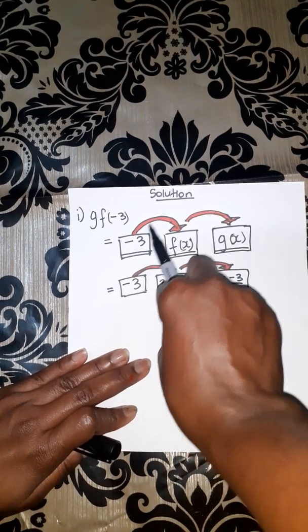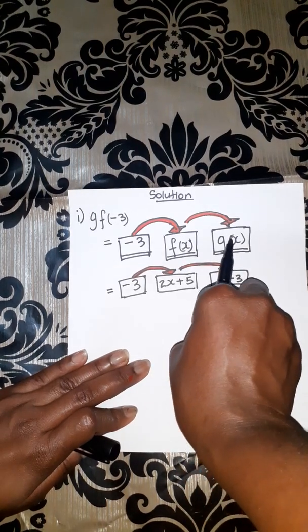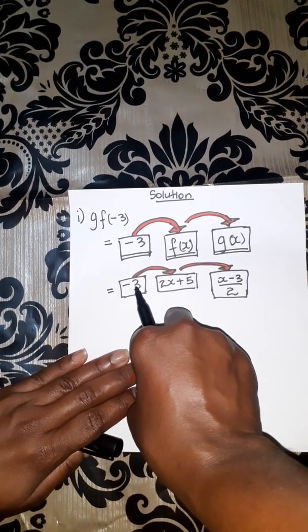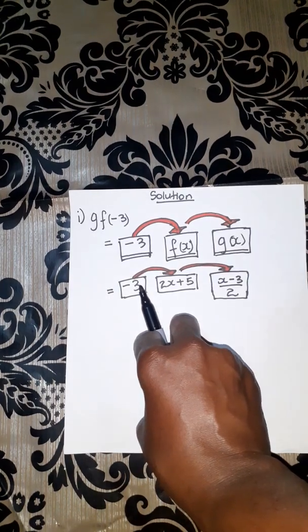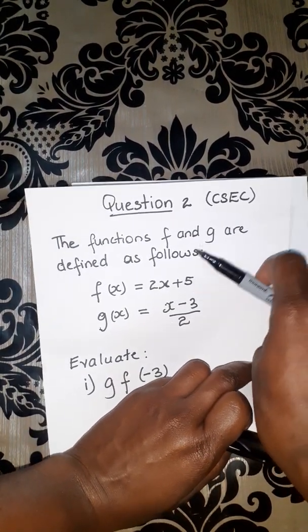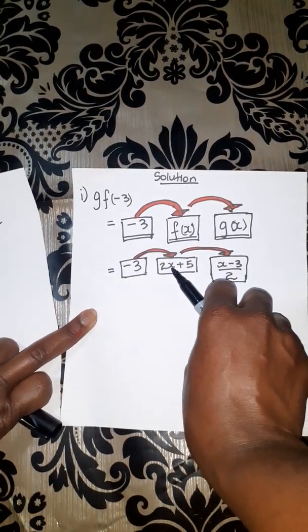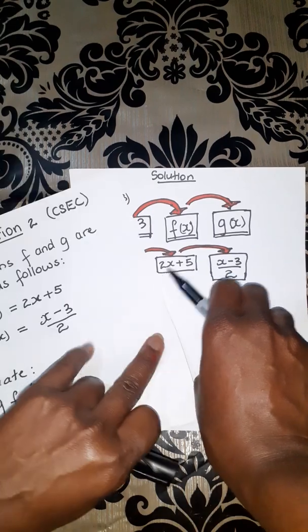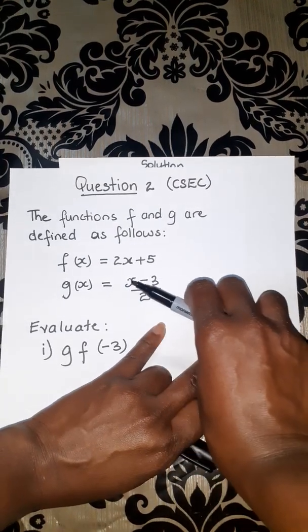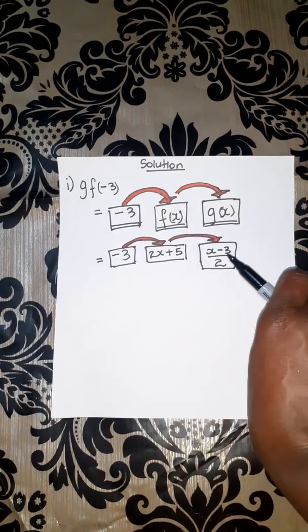The negative 3 goes into the f function, then that result goes into the g function. Negative 3 into the f function, which is 2x plus 5. Negative 3 replaces x in the f function, then the result will be placed in the g function, which is x minus 3 divided by 2.